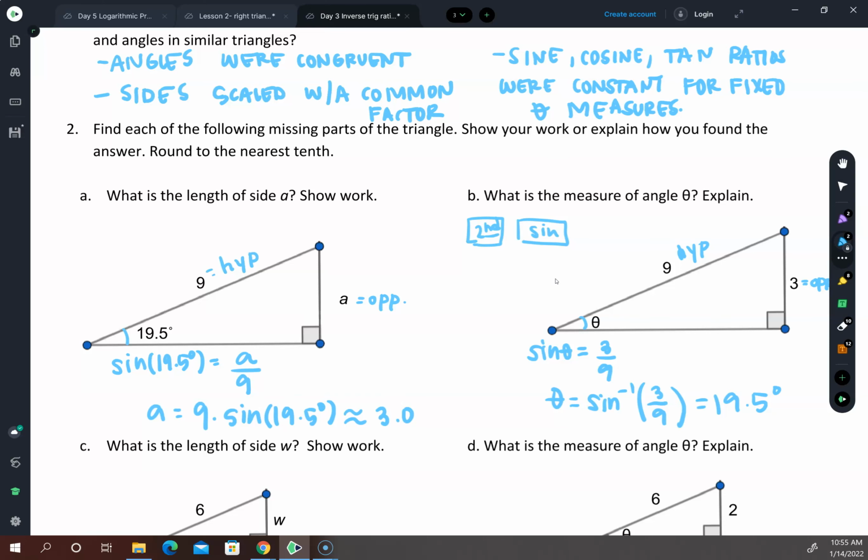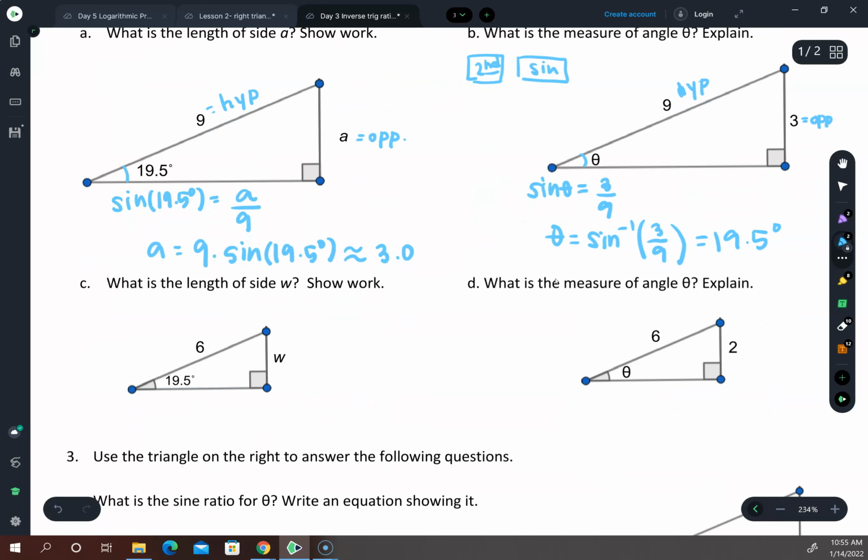Alright, so what is the length of side W? So that's the opposite side. So this will be sine of 19.5. It's going to be W over 6. So W here will be 6 times sine of 19.5.